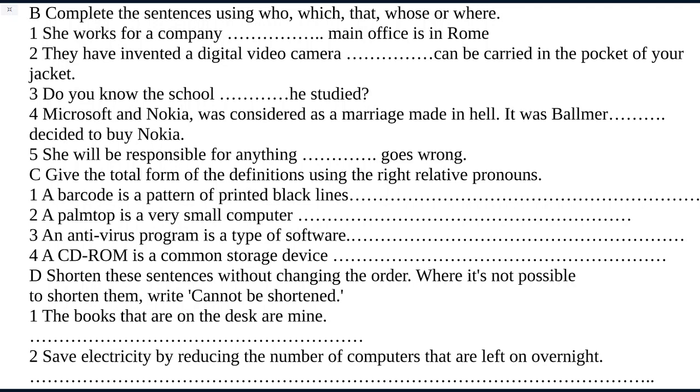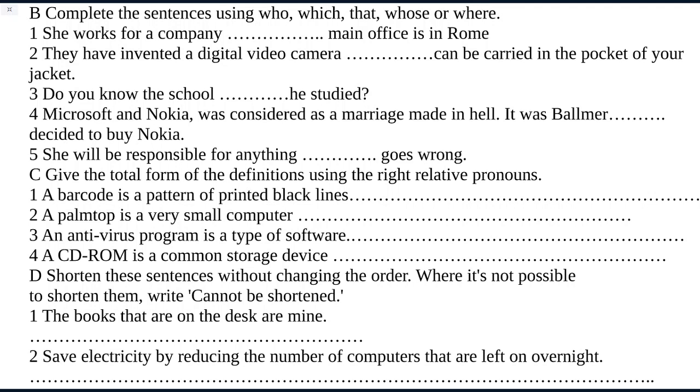I'll type in the model. In here, you have these four terms: barcode, palm top, antivirus, and CD-ROM. So we just need to give them a small definition based on what you already know, using, of course, the right relative pronouns. That's all.